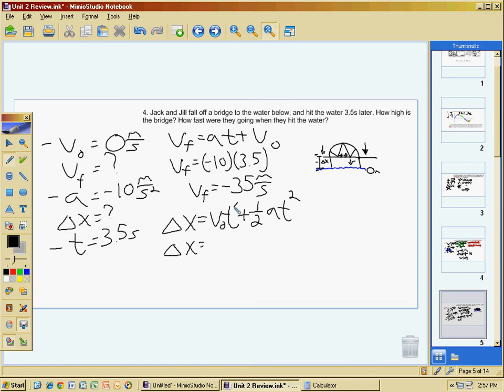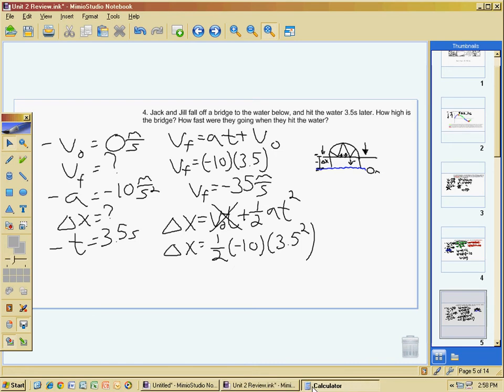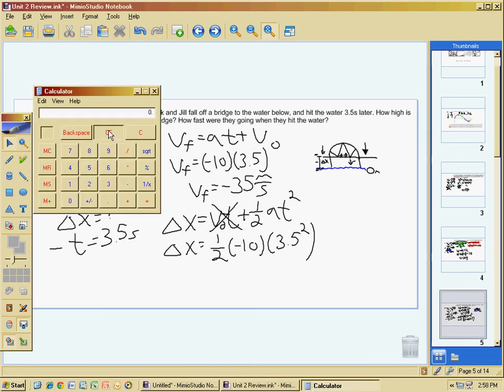V naught is 0, so this whole term can go away. 1/2 times negative 10 times 3.5 squared. Now, my mental math isn't quite up to 3.5 squared, so we'll just go ahead and pull up our calculator here. 3.5 times 3.5 times negative 10 times 0.5, which is the same thing as a half.